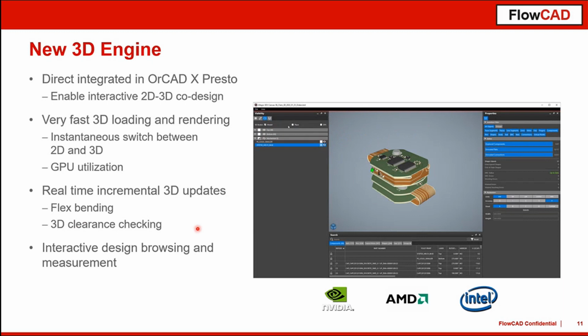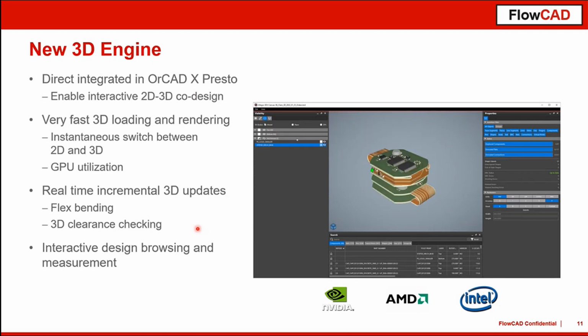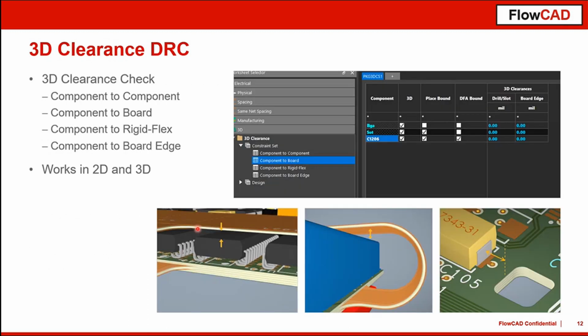So the 3D canvas is really powerful now. I will show this inside of the PCB editor and in the board. And I will also show you the new 3D DRC possibilities, which are also available inside of the tools.